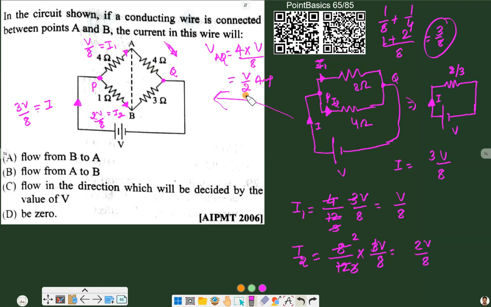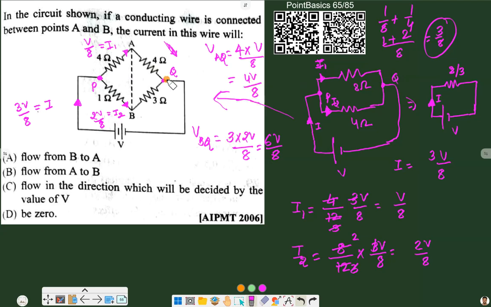Now similarly for BQ, we can find out VBQ. It will be 3 times the current, so 3 into 2V by 8, or 6V by 8. Let's write V by 2 with an equal denominator of 8 so that we can compare. It will be 4V by 8.